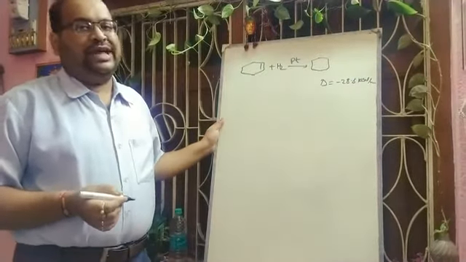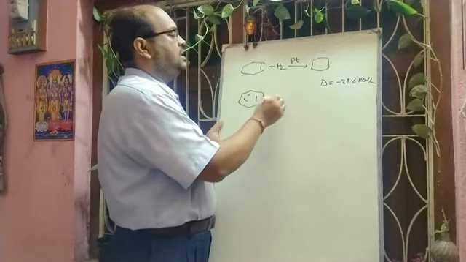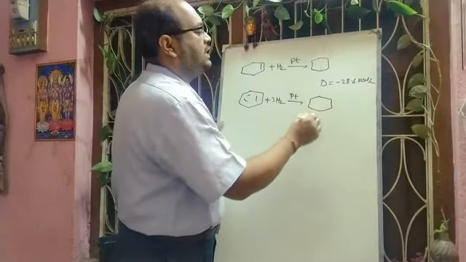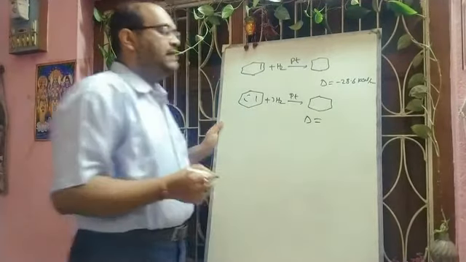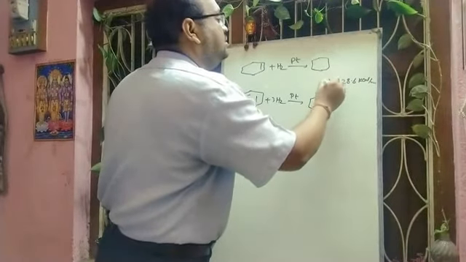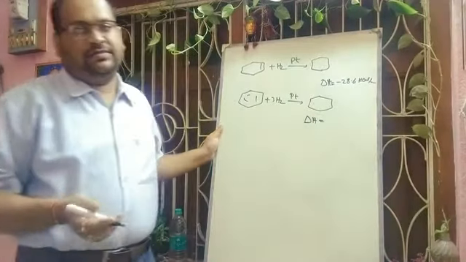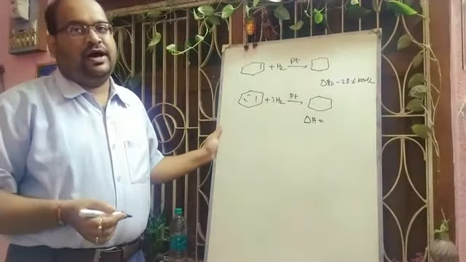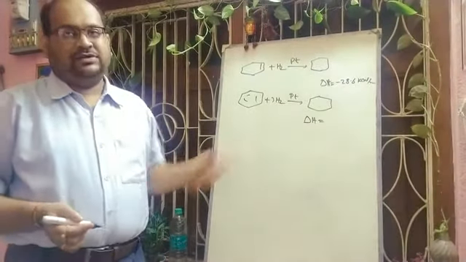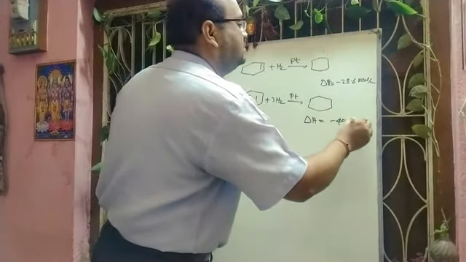Now, if you take a benzene ring containing 3 double bonds and add 3 hydrogen molecules in the presence of a platinum catalyst, you will also get cyclohexane. And here the delta H value, the heat of hydrogenation, would be triple of this value, that is minus 85.8, but actually it comes to minus 49.8 kilocalorie per mole.